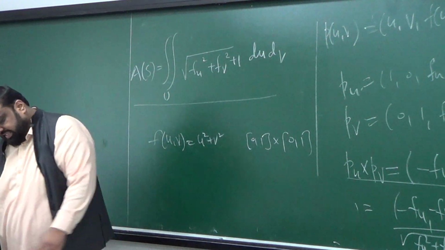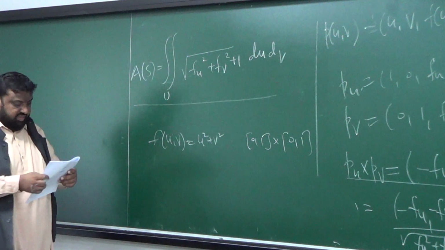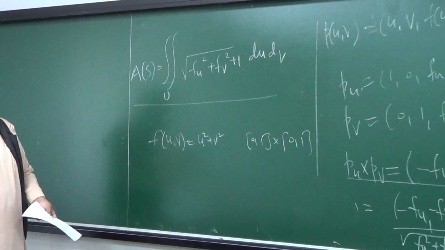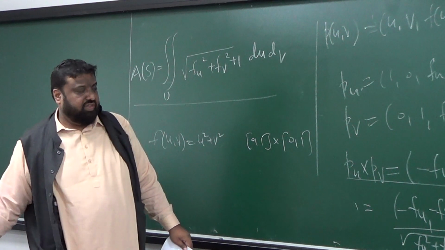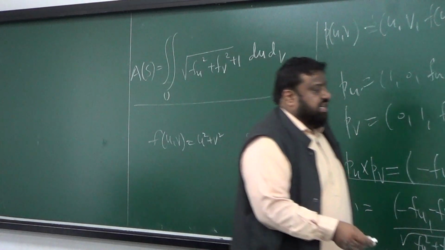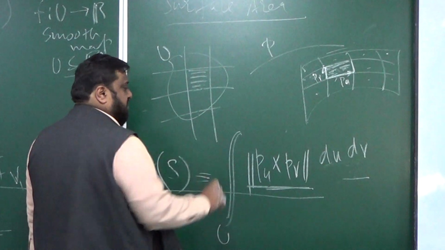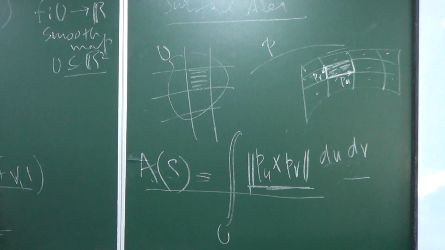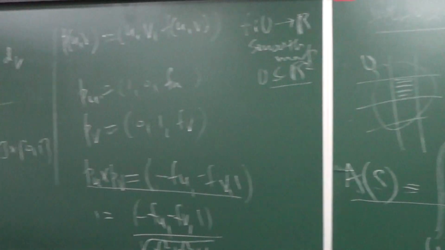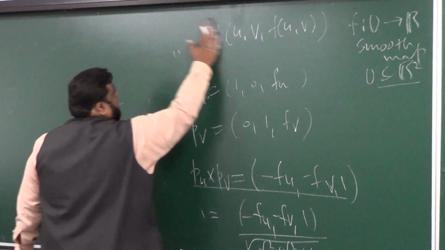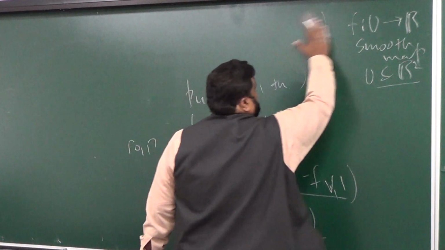So what should be the next thing? All this description is here. Second thing, let me show one of the things. The surface area that I have defined in this manner is well defined. In other words, it's independent of the choice of parameterization. No matter what parameterization you choose, the surface area would not change.